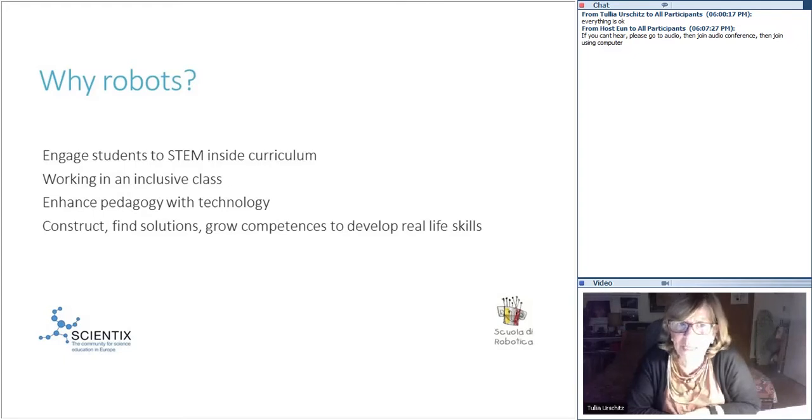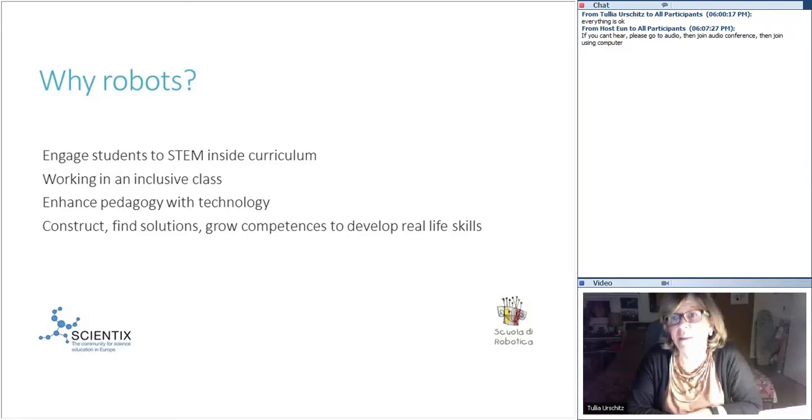This is the way I'm using robotics, but of course there are other ways, like taking part in competitions, or having clubs, or going to CoderDojo.